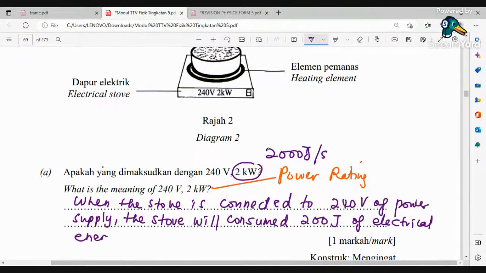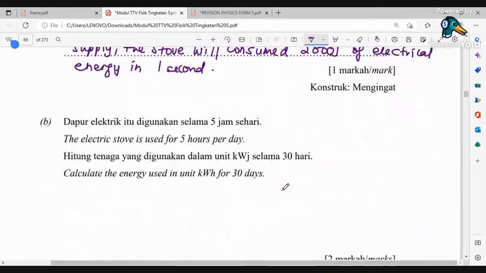Okay, energy in 1 second. Okay, you see the way of writing, you must mention 240 volt and then 2000 joule of electrical energy in 1 second. Okay, that is the way to give the meaning of power rating or label.